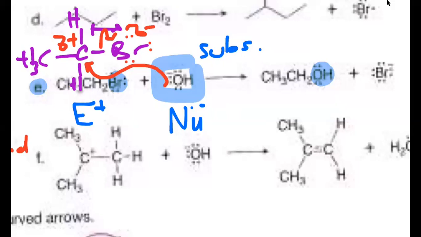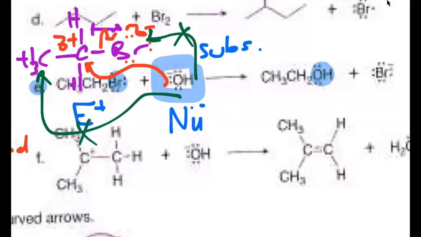Are you following? Notice I did not point that arrow. I'm going to use a different color so you don't get confused. I didn't point it here. I didn't point it here. Where my arrow stops, that's where my electrons stop. So the location and the direction of the arrows matters. And notice I also didn't point it here. Can't do that.